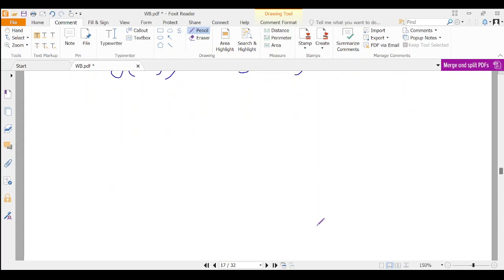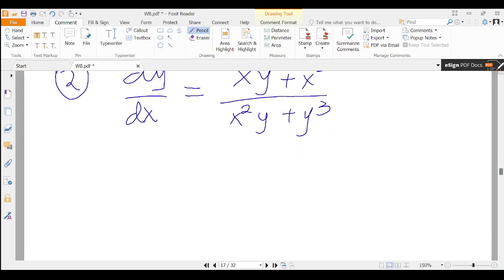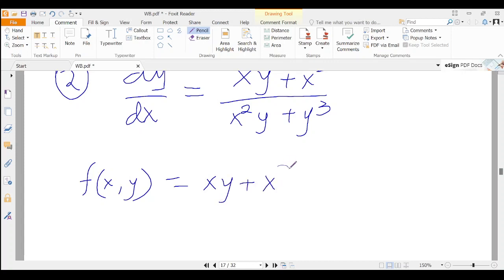If you consider a second example, say you have dy by dx is equal to, say, xy plus x squared divided by x squared y plus y cubed. We would see that in the numerator, we have the function f of xy, which is xy plus x squared. And in the denominator, the function g of xy is equal to x squared y plus y cubed.